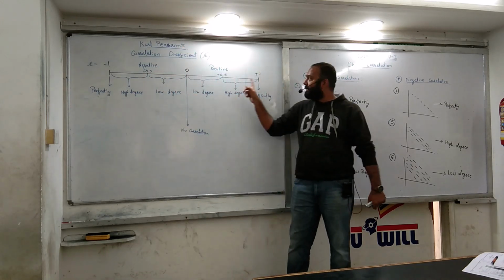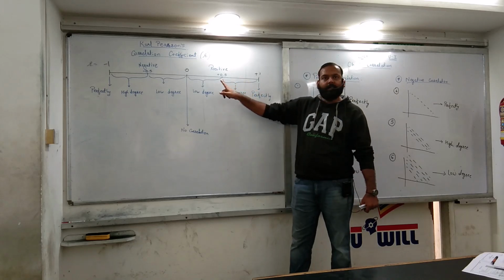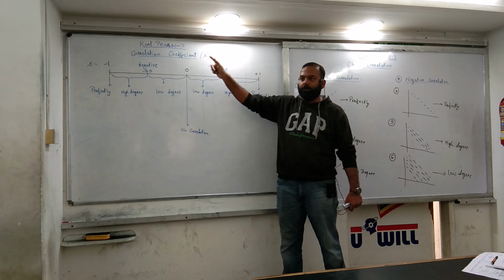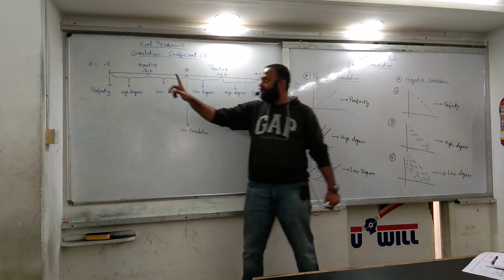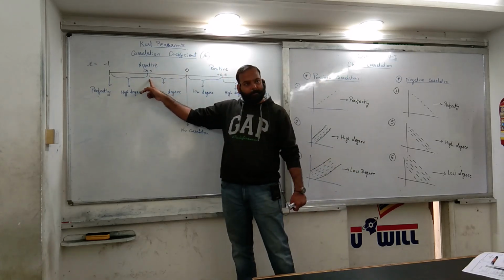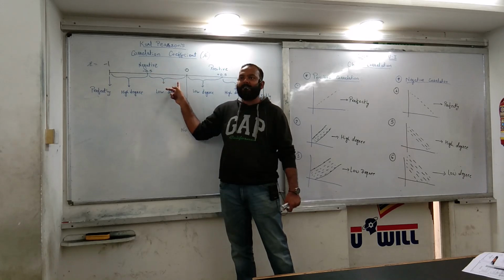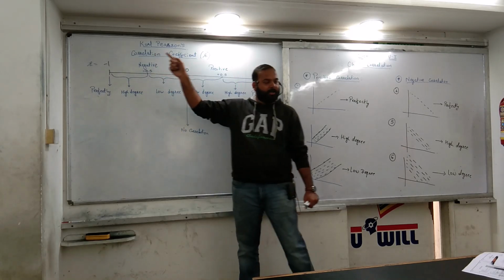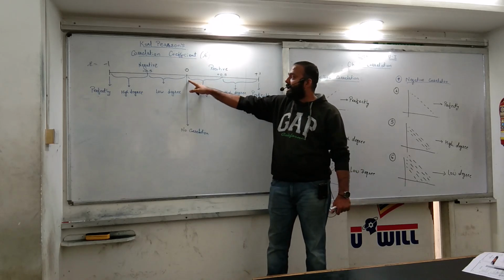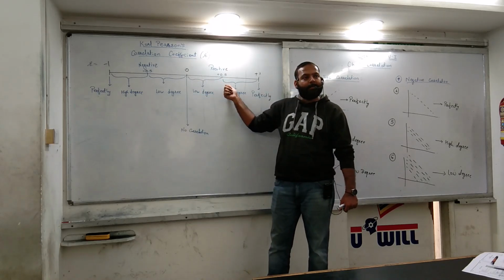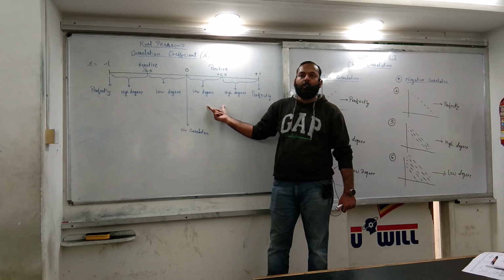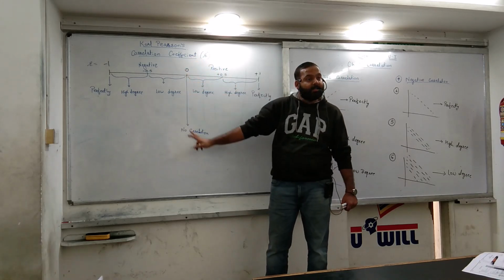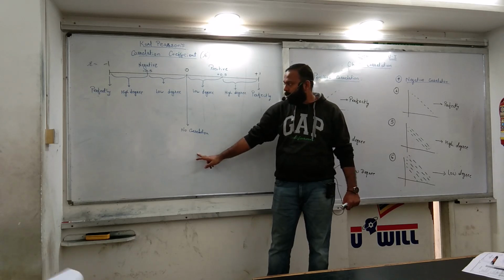If your r's answer is less than 1 till +0.5, it is called high degree of positive correlation. If your r's answer is greater than -0.5 and less than 0, it is called low degree of negative correlation. If your r's answer is greater than 0, less than +0.5, it is called low degree of positive correlation. And if your r's answer is 0, it is no correlation.